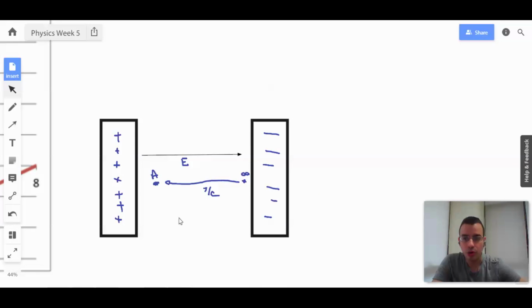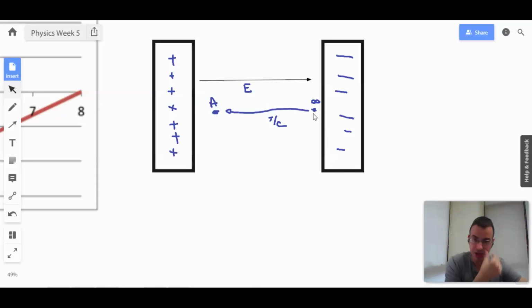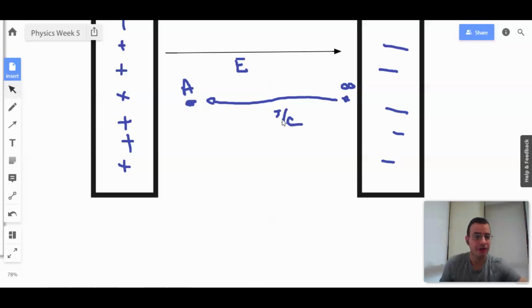And obviously if we have a positive test charge and we're moving it towards the positive plate, that's going to take a lot of energy because same charges repel.